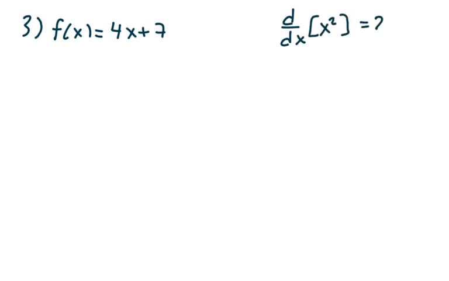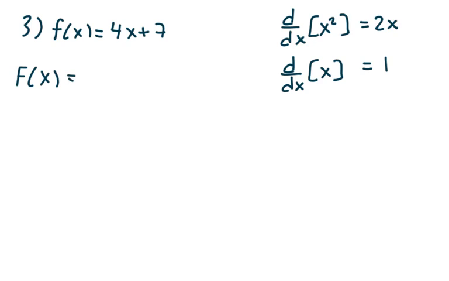Example 3. Suppose f of x is equal to 4x plus 7. So remember, the derivative of x squared with respect to x is 2x. The derivative of x with respect to x is equal to 1. And so if I want capital F of x, so remember, I'm trying to get to 4x. And so if I take 2x and multiply by 2, I get 4x.